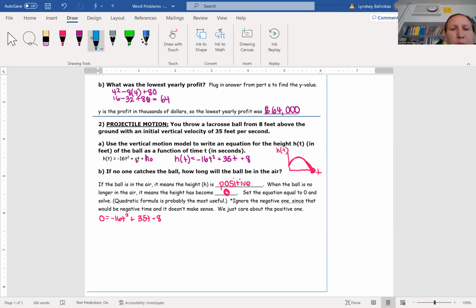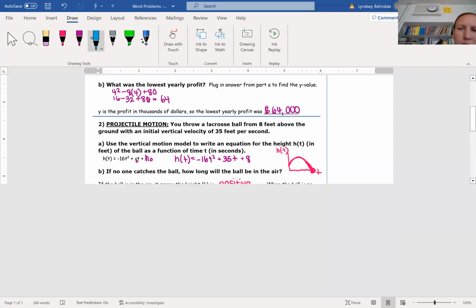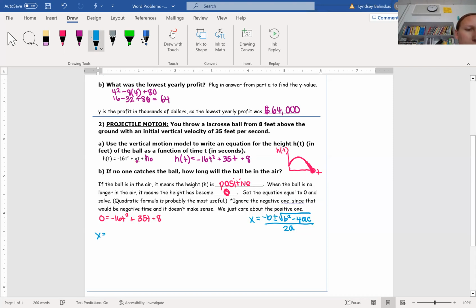It's not going to be the prettiest, but it appears that the quadratic formula is probably going to be the most useful here. So once again, the quadratic formula is x equals negative b plus or minus the square root of b squared minus 4ac all over 2a. We're going to start with our numbers. We have x equals negative b, negative 35, plus or minus a giant square root symbol.